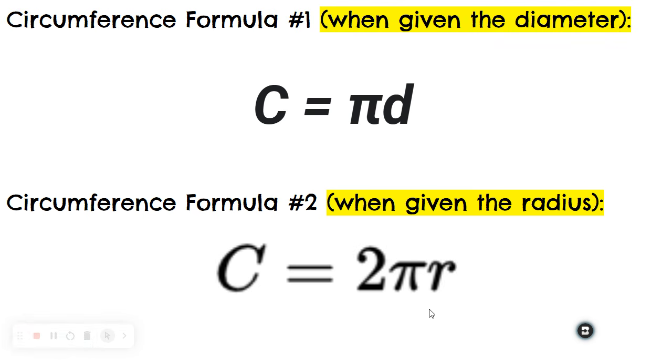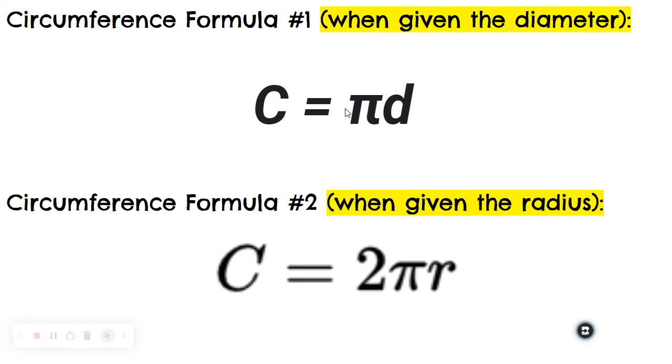Here's why. The diameter and the radius, remember that relationship. If you double the radius, you get the diameter. So up here where we do pi times the diameter, if I do 2 times r, I have the diameter. And then I just multiply by pi. The formulas are very, very similar because all in all, you are finding the same thing.